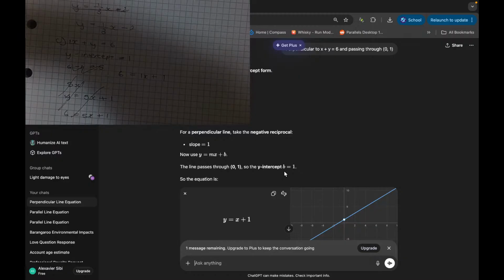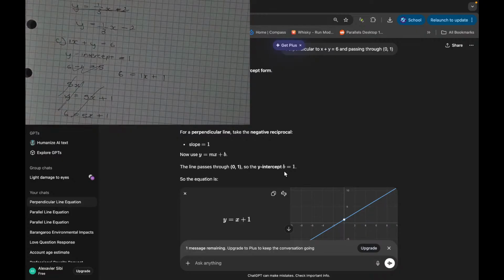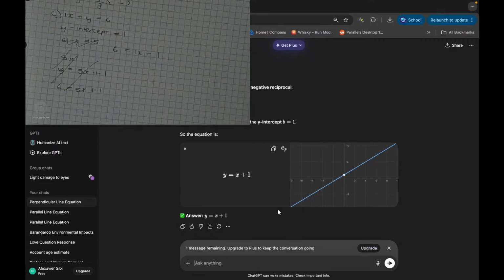I don't know what the answer is to that. Oh no. It would be y equals x plus 1, yeah. Yeah, I'm correct. Okay. Yeah, that makes a lot of sense.